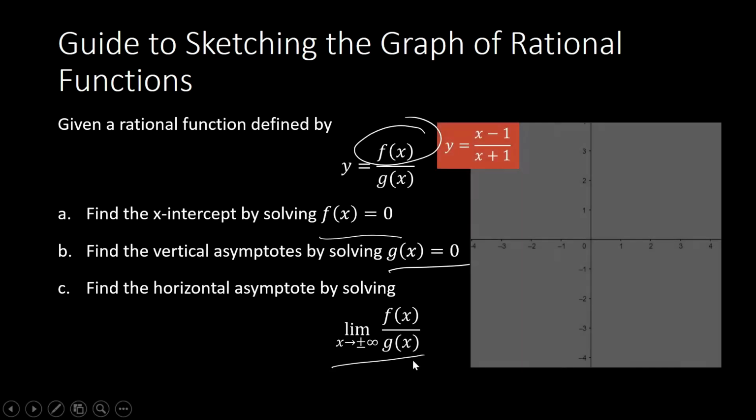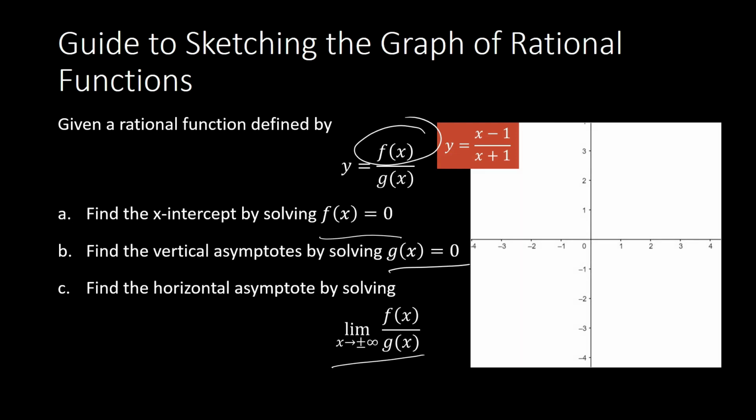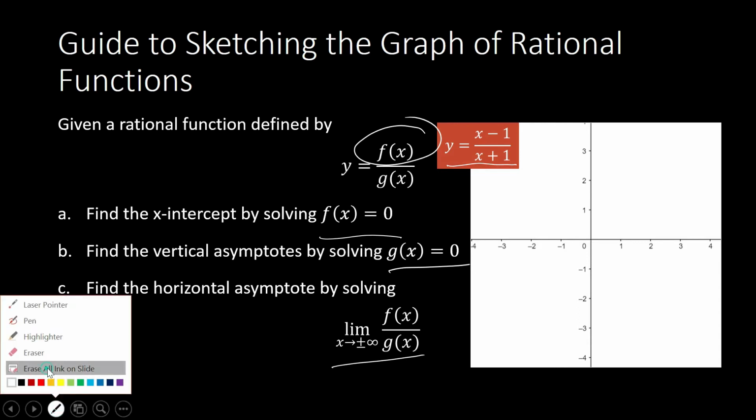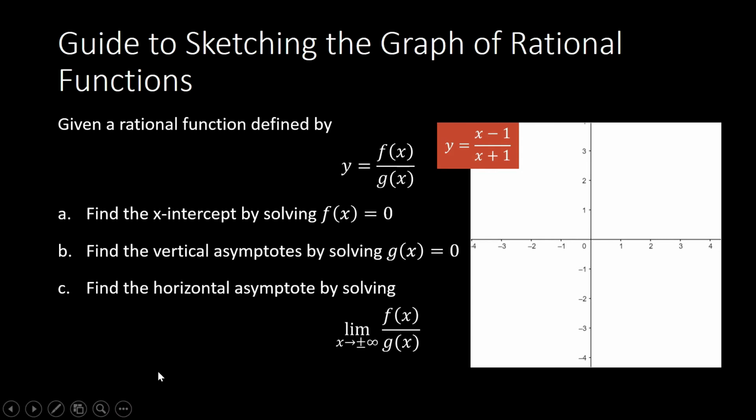So for example, I have a curve that is defined by y is equal to x minus 1 divided by x plus 1. Where or when is this equal to 0? Obviously, it's equal to 0 when x minus 1 is equal to 0, which means when x is equal to 1. So this is the x-intercept.